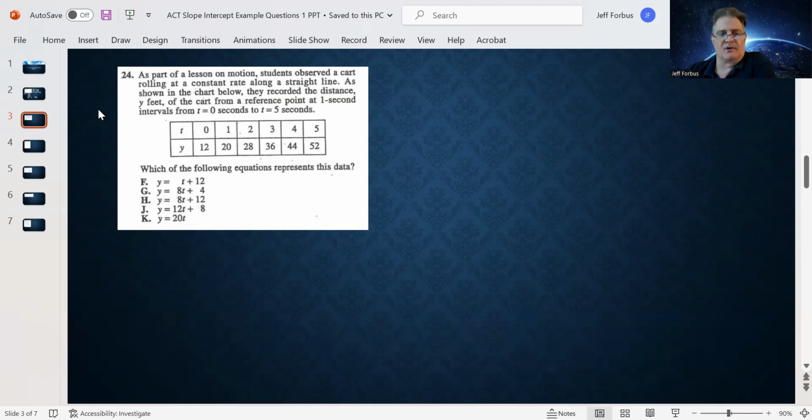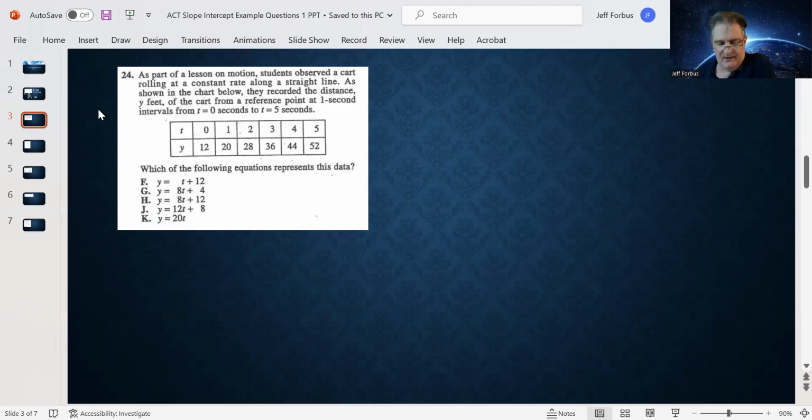As shown in the chart below, they recorded the distance, y feet, of a cart from a reference point at 1 second intervals from t equal to 0 to t equal to 5 seconds. So there's our table, t and y. You can let t be x if you want.